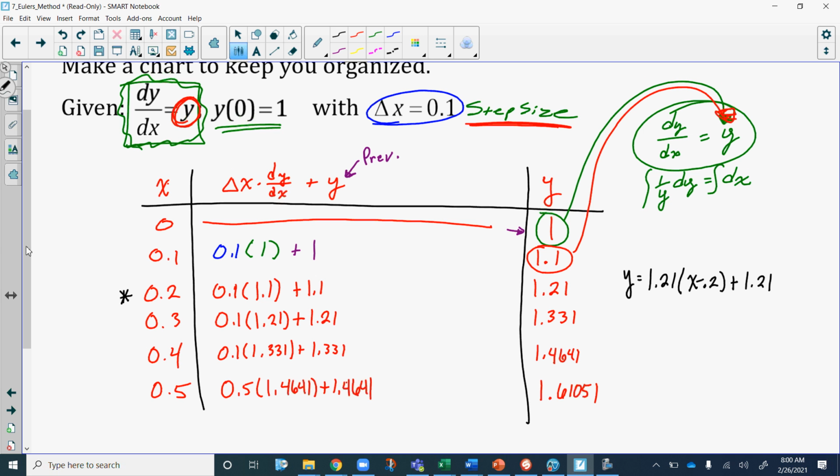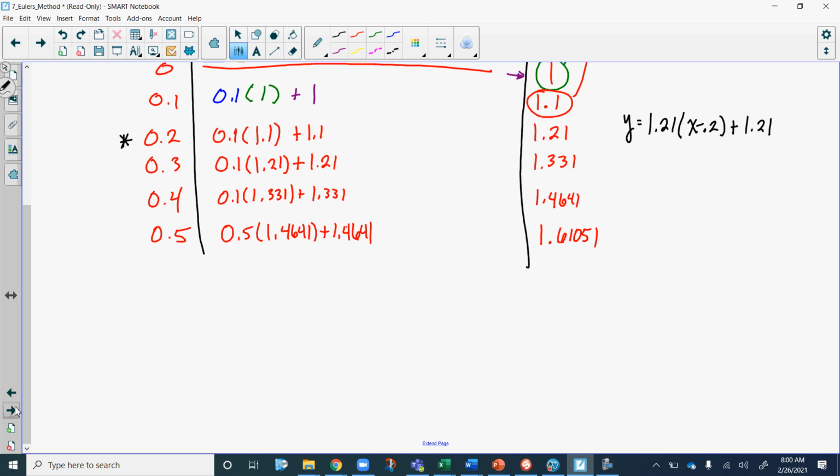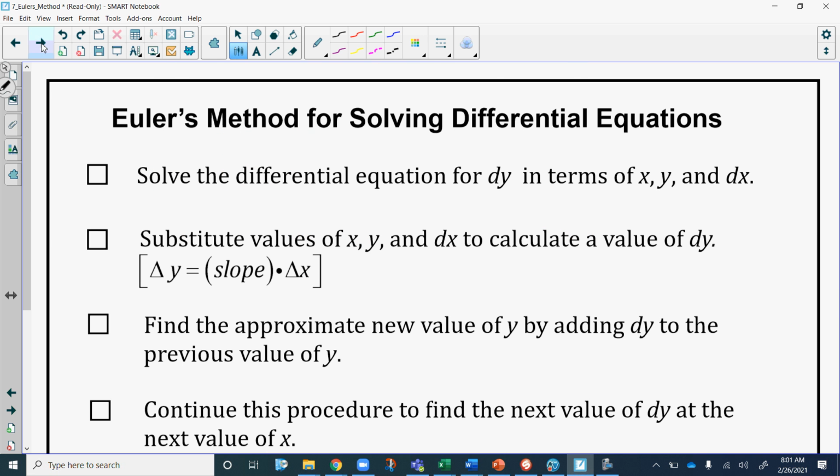Now, as far as the table is concerned, some teachers or some textbooks may make the table where they say x, y, and then they'll do delta x times dy dx plus the previous y value. They may do the table more like that, where x and y are together, as opposed to where I put the y column to the right of the operation that we did to get the y values. But that's a personal preference.